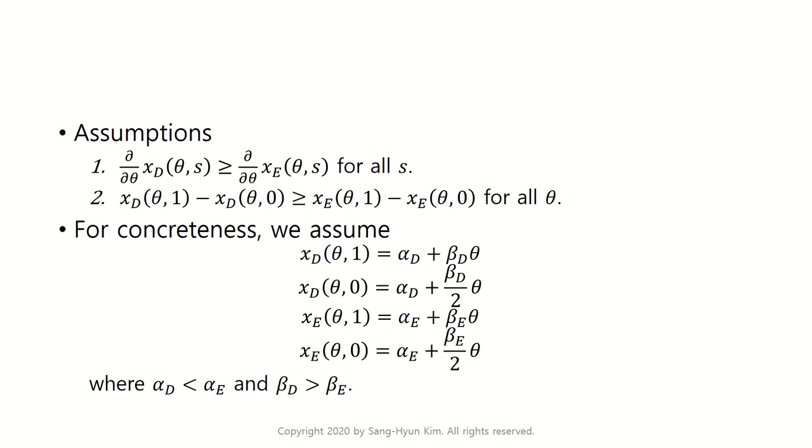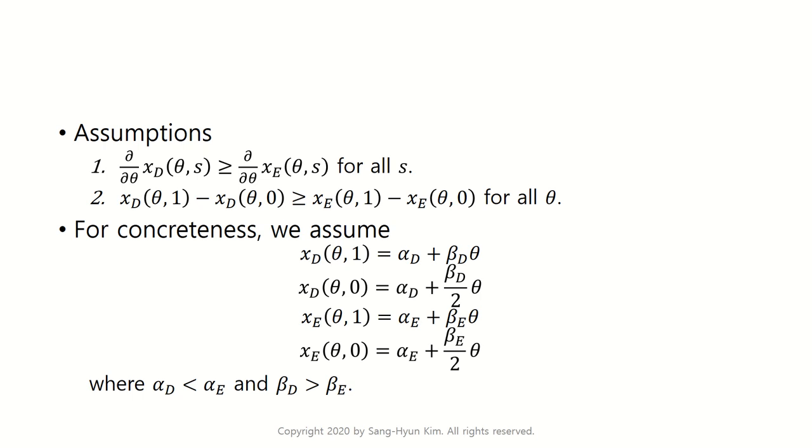So that's the first assumption. The second assumption is that XD(theta 1) minus XD(theta 0) is greater than XE(theta 1) minus XE(theta 0) for all theta.